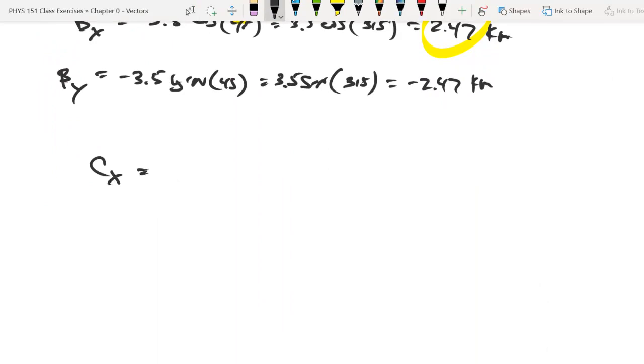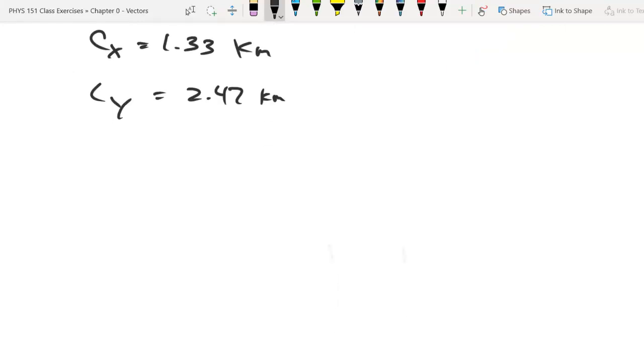So we get CX is equal to 1.33 kilometers, and CY is equal to 2.47 kilometers.